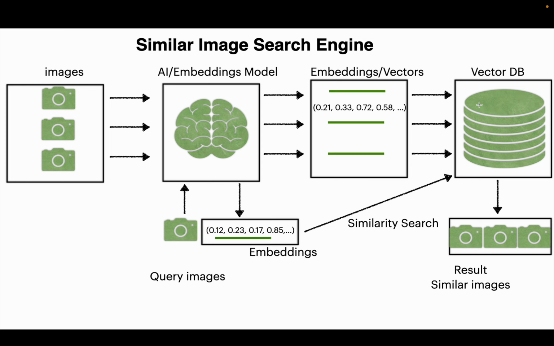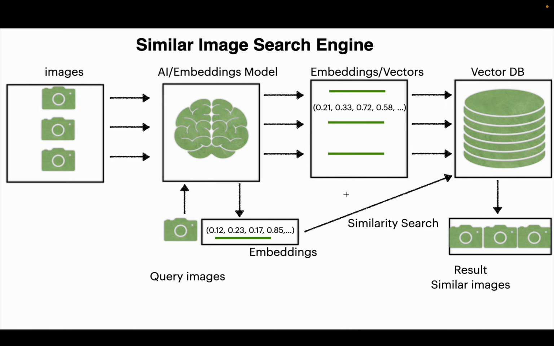Each vector has a vector ID which is related to the image, so we can map the vectors back to the images using those IDs. So by using a query image, we will get the top n images which are very similar to the query image among this collection of images we have. Now this works very fast because of the vector database. So even if we have millions or even billions of images, we can very quickly find the similar images.